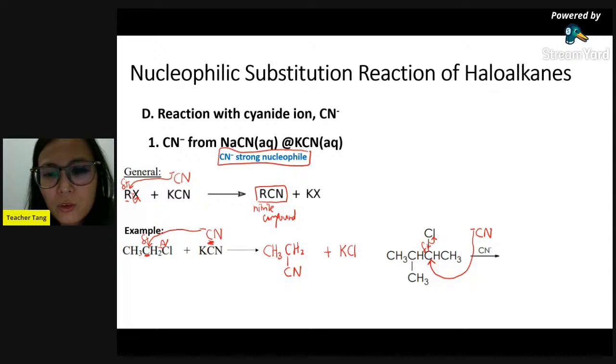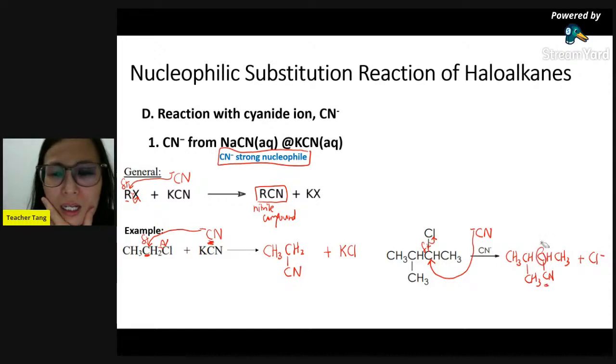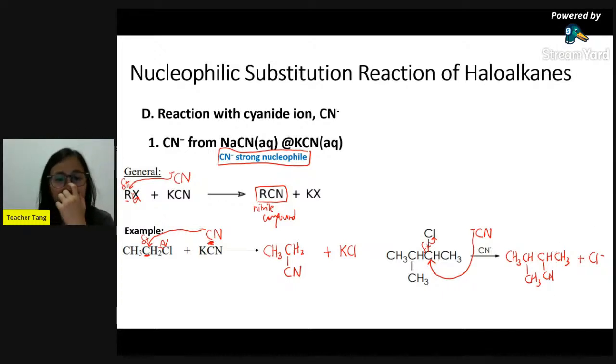So you will get CH3, CH, CN, CH3. And then Cl minus as the leaving group. Again, this carbon is attached to the carbon of the nitrile group because, again, the negative charge is on the carbon.